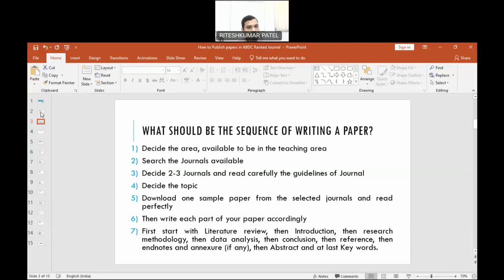So better you select the journals and go through the guidelines well in advance, because that will give you an added advantage in how you can move ahead.